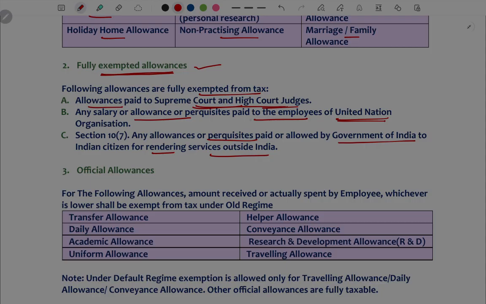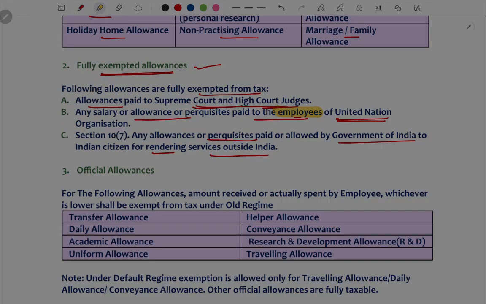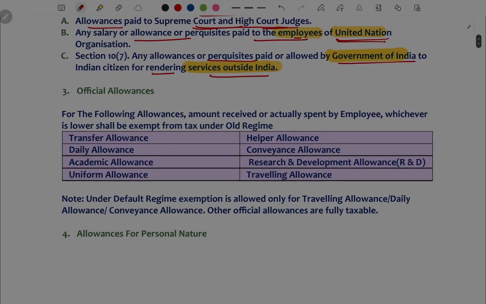And if you get an allowance from the Government of India for rendering service in foreign countries, that allowance will be fully exempted. This is not really relevant for examination, but yes.